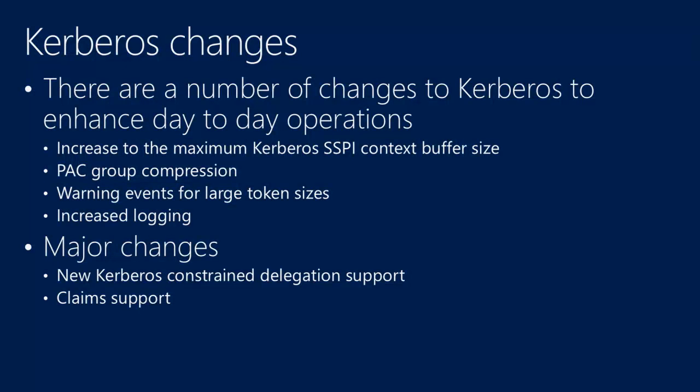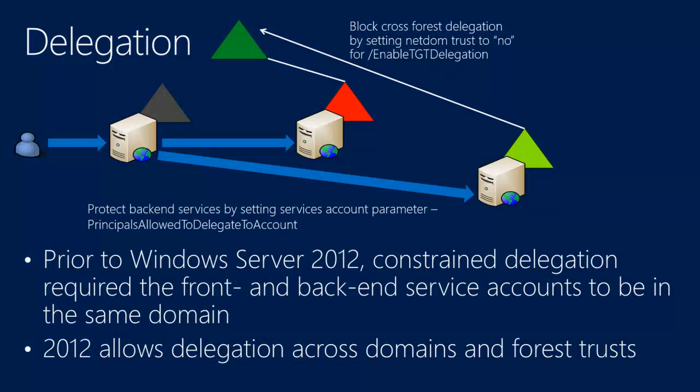But the major changes to Kerberos are the ability to do constrained delegation across domains, and claims support. In terms of delegation, very briefly, the idea is John comes to a front-end server as John, and then we delegate his identity to a back-end server. It's very common with SharePoint talking to other systems.